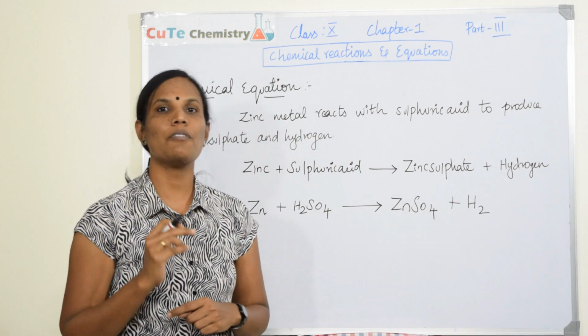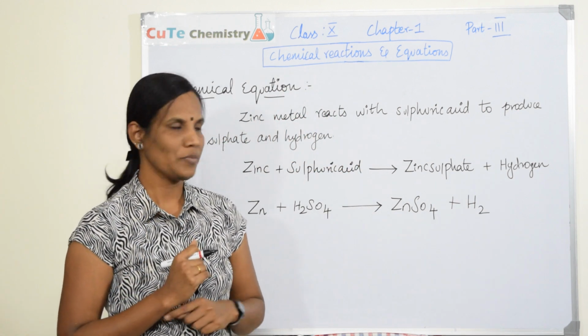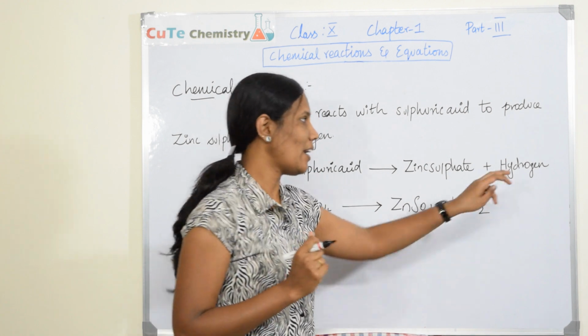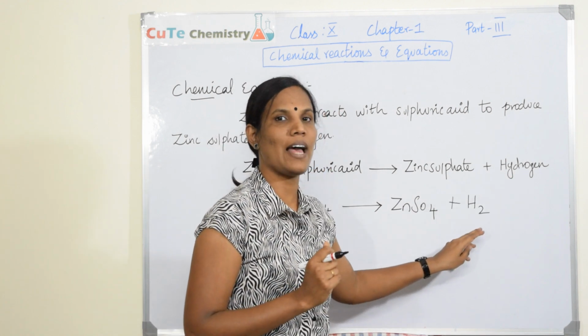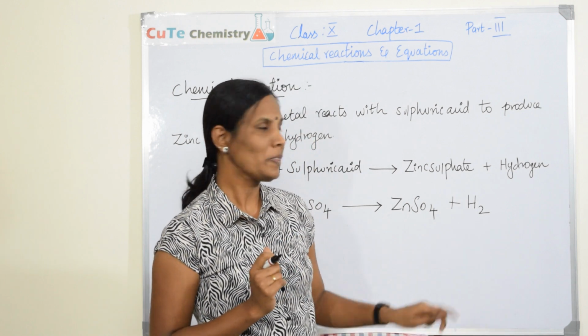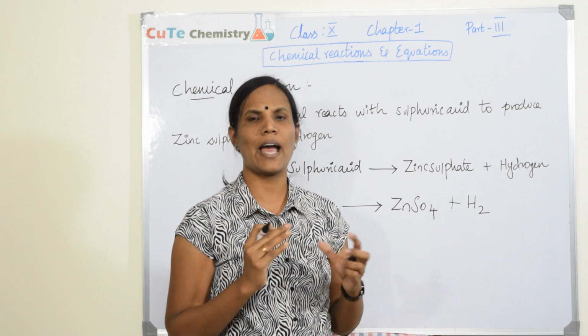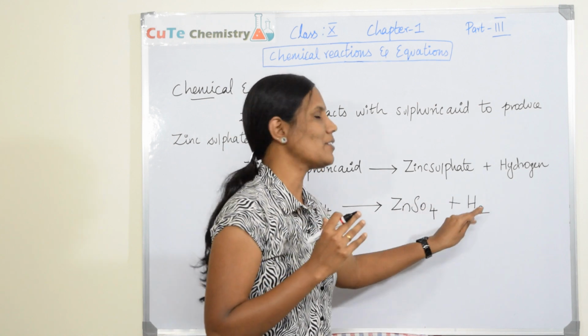The formula for hydrogen is H2. The symbol to represent hydrogen is H, and hydrogen will always be available as a diatomic molecule. So the formula for hydrogen is H2. 2 hydrogen atoms combine to form a hydrogen molecule.